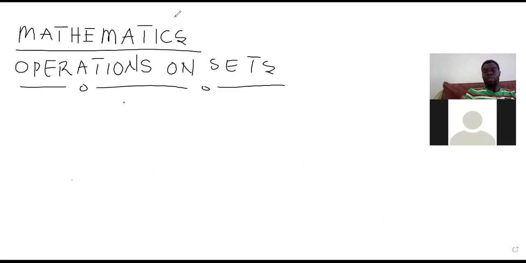Today we are purposely dealing with two sets, two intersecting sets. That's what we are purposely dealing with today.